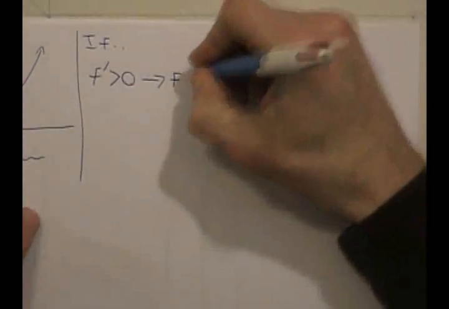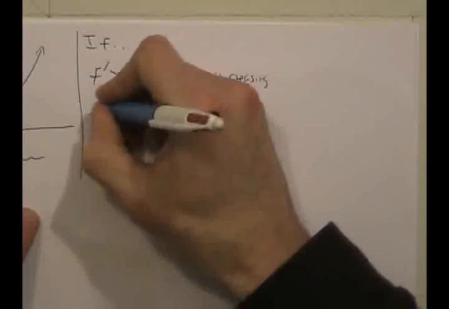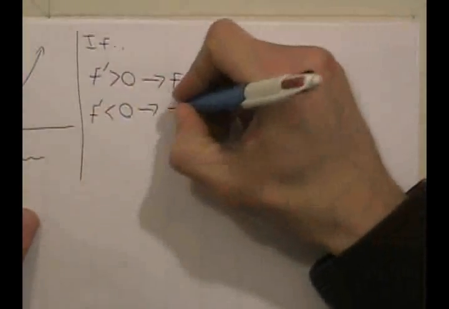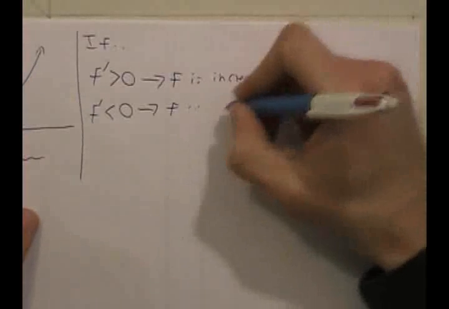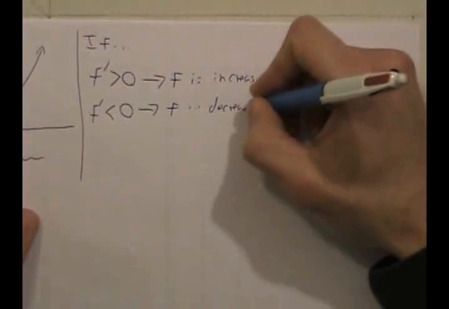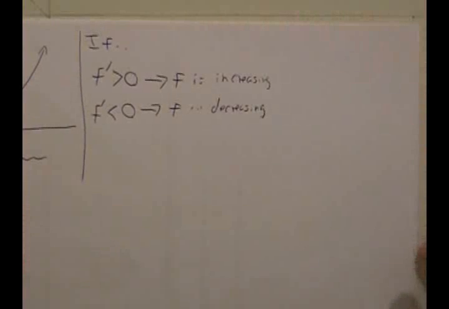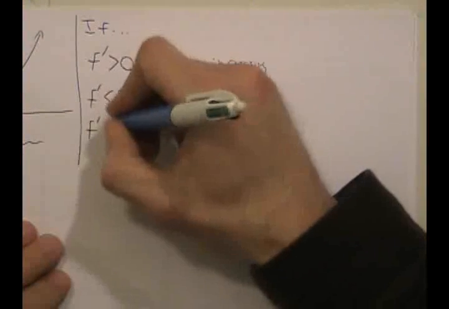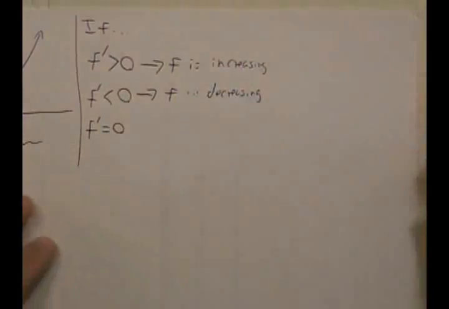So that's what we use to tell. And if f prime is negative, that implies that the original function is decreasing on that interval.